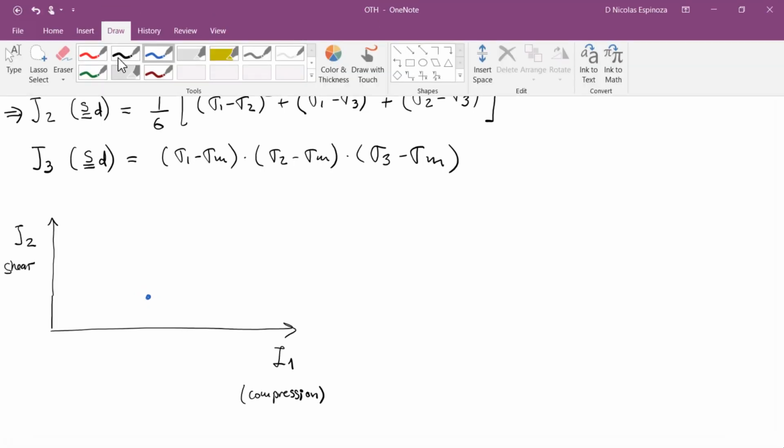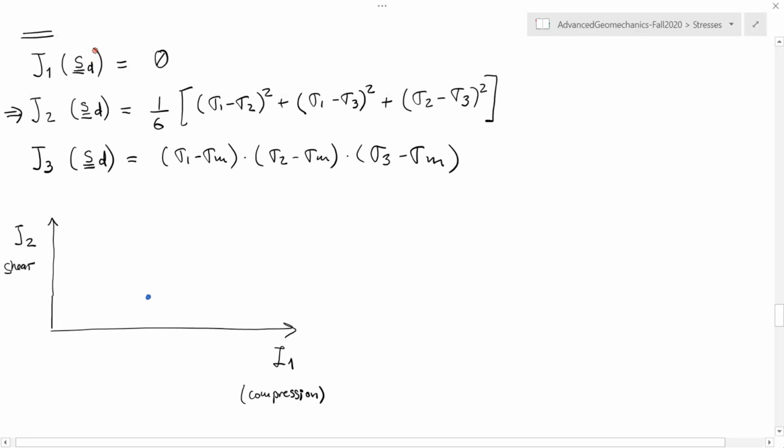Let's also say that I have gone to the laboratory and I have found out that the yield stress of my material is characterized by this equation, where J2 is equal to the combination of a constant and the invariant number 1 multiplied by another constant.